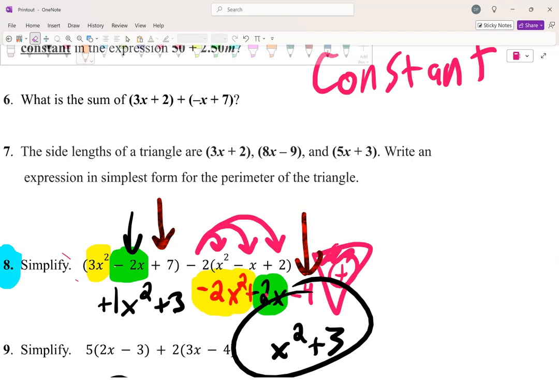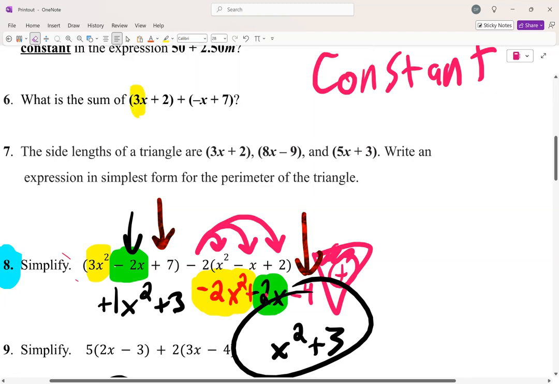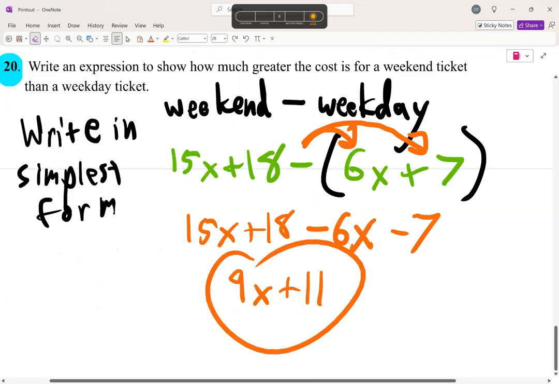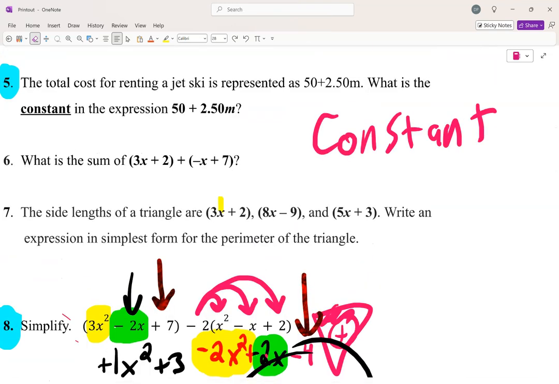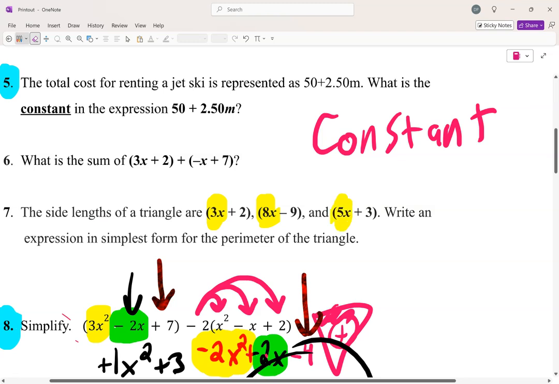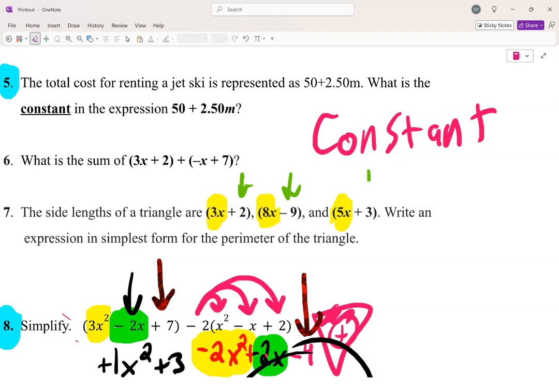Okay, let me highlight. Hey, don't pack up yet. We've got a little time. Okay, where is it? Okay, 3x boxes, 8x boxes, 5x boxes. We're going to add those together. And then 2, -9, and 3. So we don't need good guys, bad guys, because this is all positive. So 5 plus 8 plus 3 makes 16.